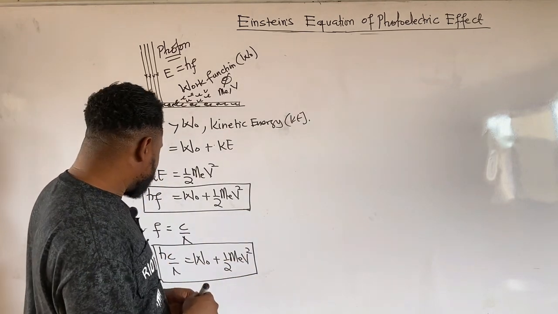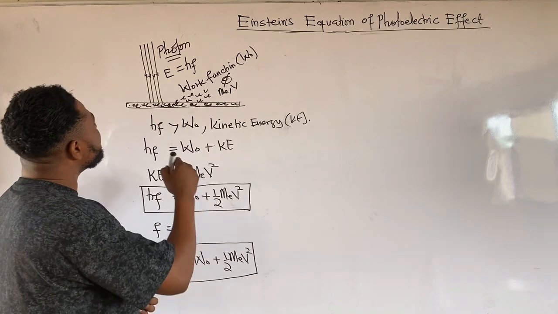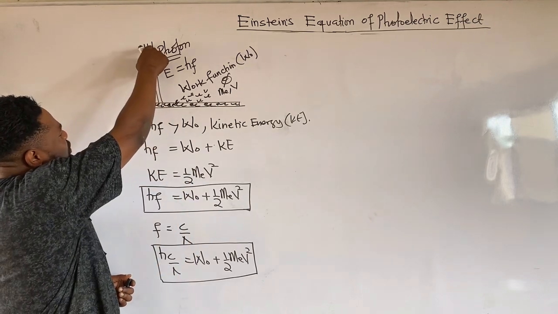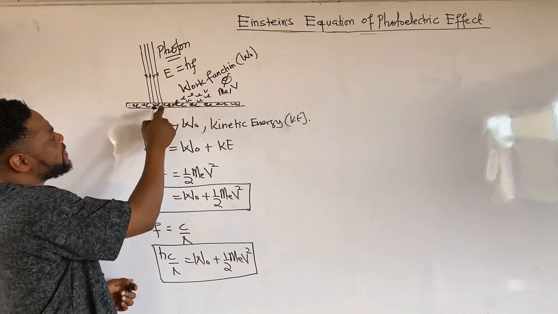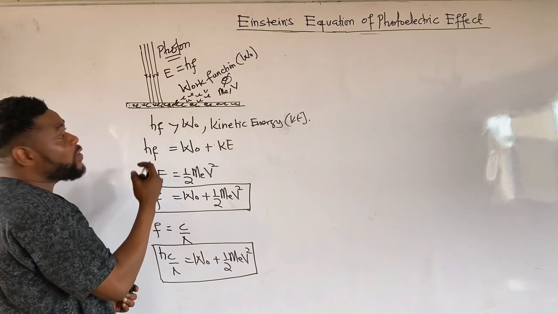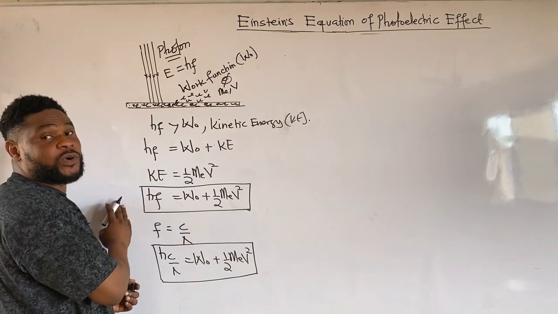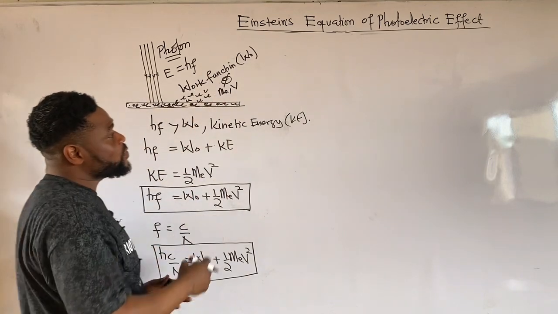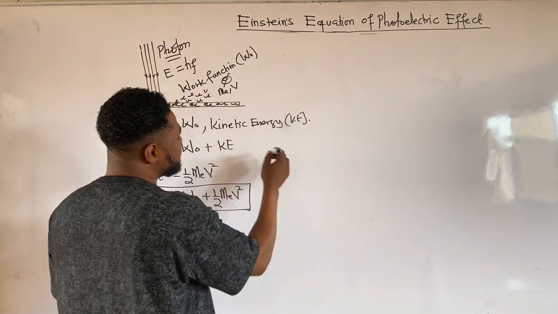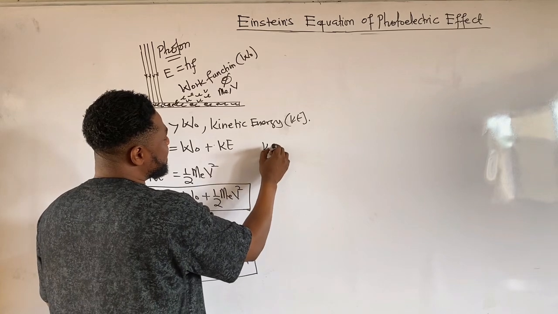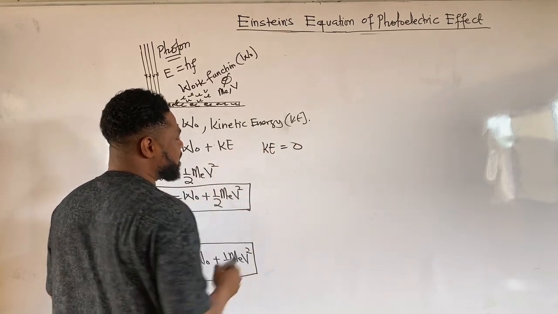Now let us look at some instance here. If the photons strike the metal surface, and the electrons absorb all the energy of the photon, then it means that the electrons will not be emitted. And if the electrons are not emitted, then we can say kinetic energy is equal to 0.